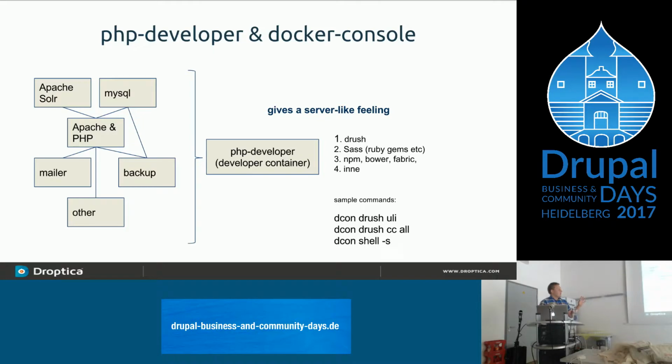It gives us a server-like feeling. With dockerconsole, instead of having to focus so much on how Docker works, we can treat it as if we were on a physical or virtual server, which a typical developer is probably more used to.